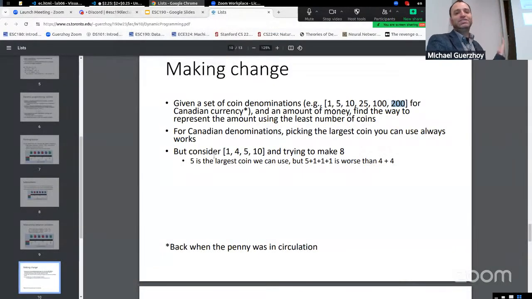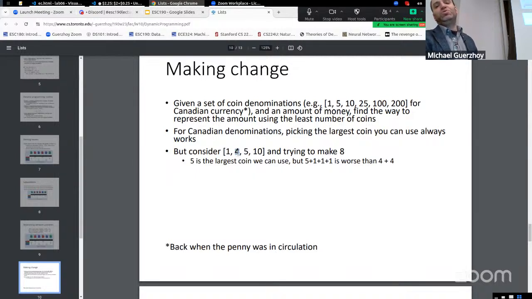Now, it didn't used to be the case, right? For denominations that look kind of weird like this, let's say that you're trying to make up 8 cents here. The best way to make up 8 cents is to take 2 fourths. So that's 2 coins.